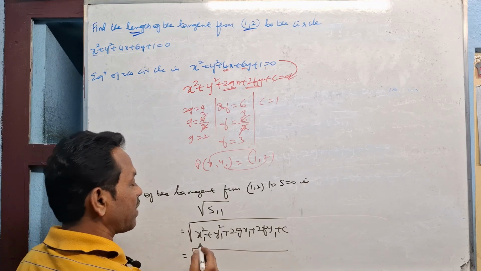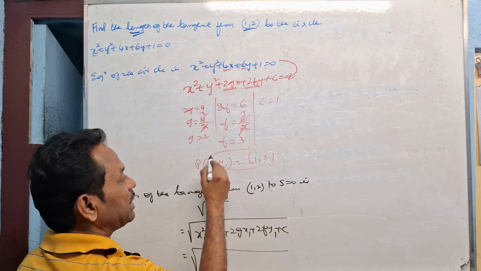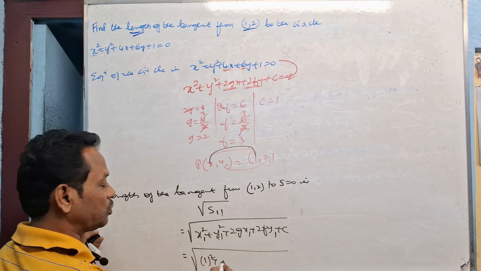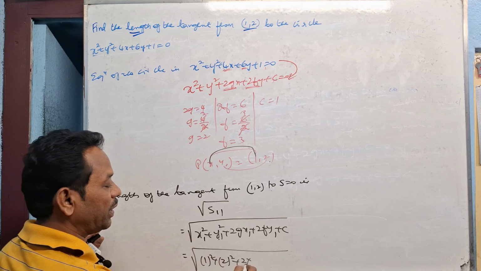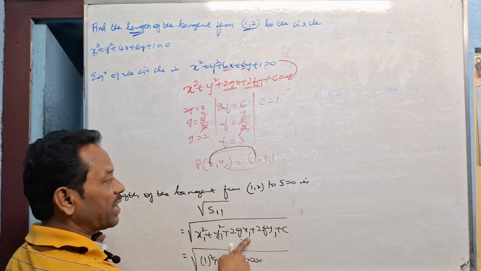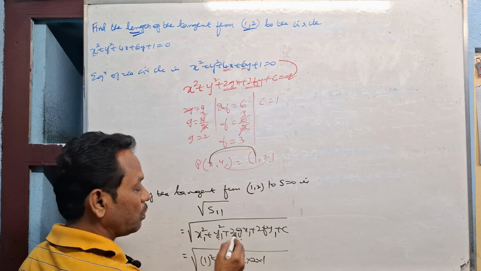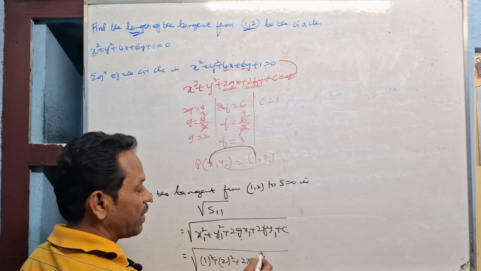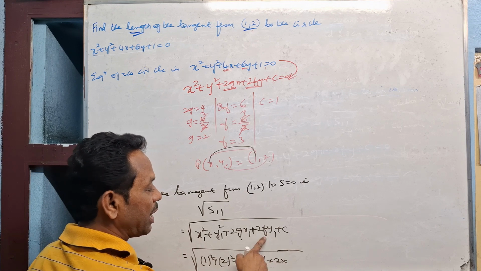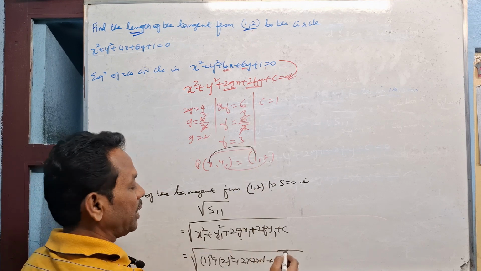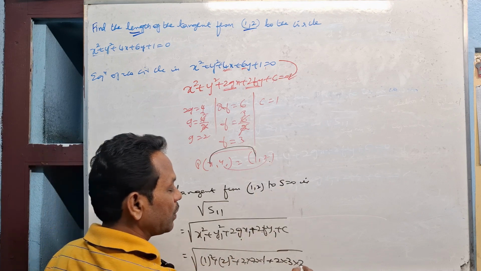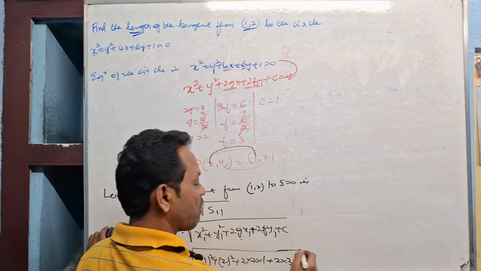Root of x1 square, x1 is nothing but here 1, so let me take 1 square plus y1 square is 2 square plus 2 into the value of g we got here, 2 into the value of x1 is 1. So 2g x1 means 2 into 2 into 1, plus next 2f y1, 2 into f is nothing but here 3 into the value of y1 is here 2, plus the value of c is 1.